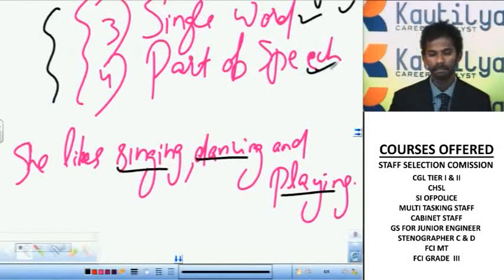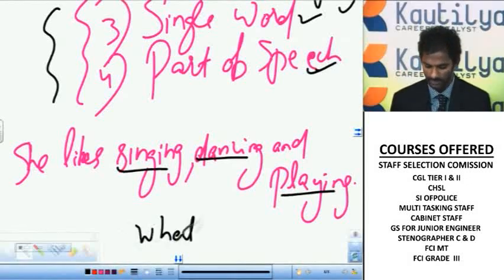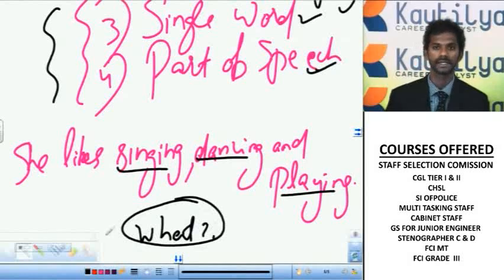We look for the part of speech. Come to the first idea, singing. Is singing a noun or a verb here? I told you how to find out whether an ing word is a noun or a verb. We need to ask only one question word to find out the noun in a sentence, that is what, right? I gave you so many examples as well.